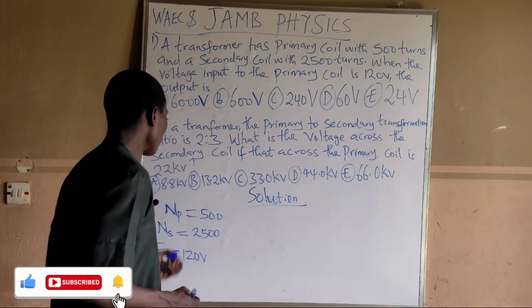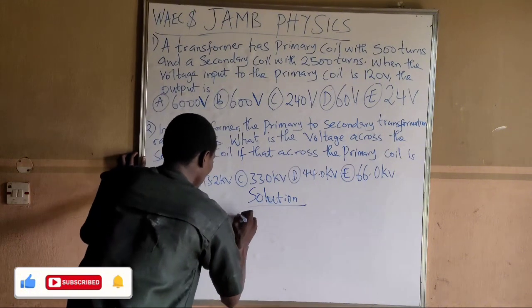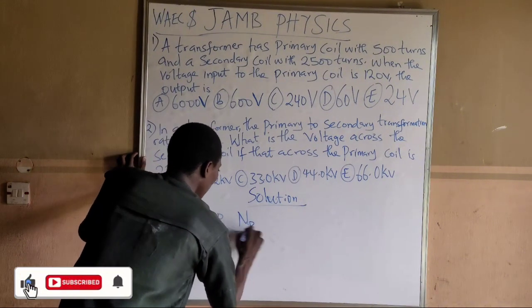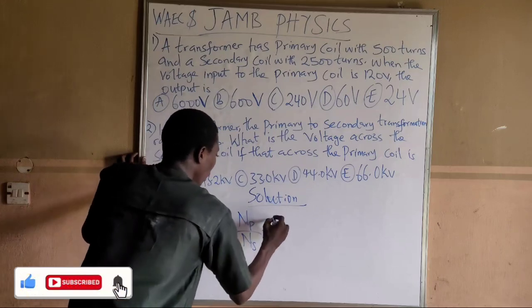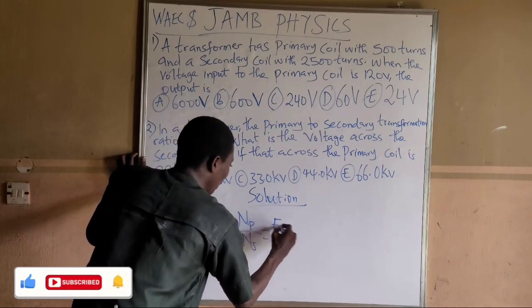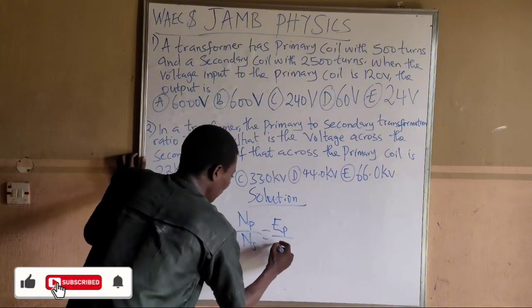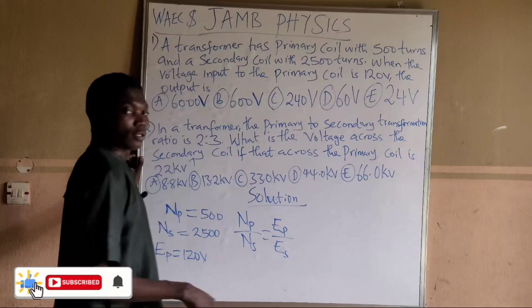So let's do that. There's a formula that links them together. The formula says the number of turns in the primary over the number of turns in the secondary is equal to the voltage at the primary, EP, over the voltage at the secondary, ES. That is just it.